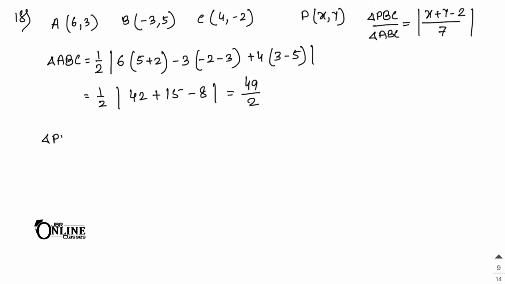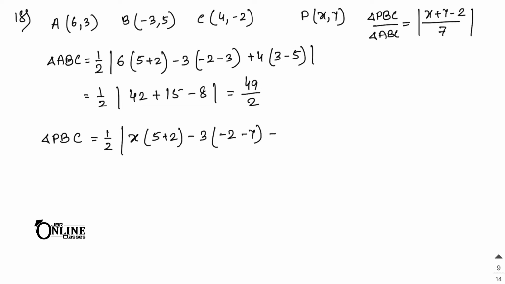Now next, area of triangle PBC. So here half, then here x1 will be x, and in brackets you have y2 minus y3, that means 5 plus 2. Now next here x2, x2 here minus 3, and then y3 means here minus 2, so minus 1, that means y.